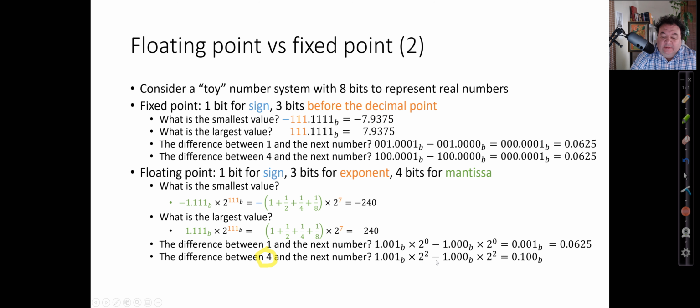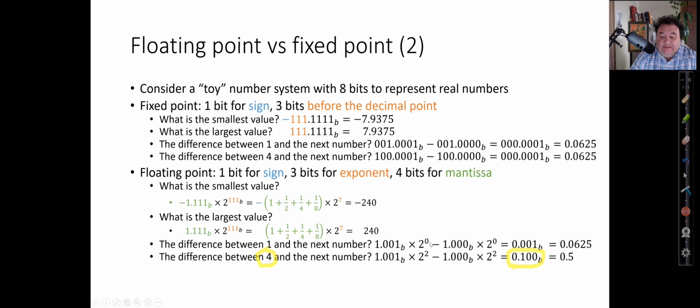Now 0.001 now goes actually to 0.1 in binary without the exponent, so we have to multiply by 2 to the 2nd, 4. And so effectively, the minimum difference between consecutive numbers is now 0.5.